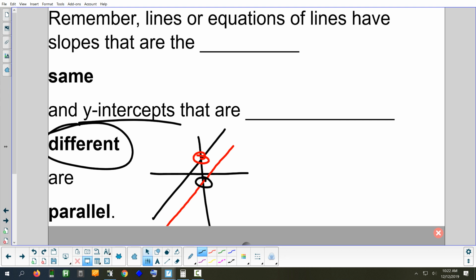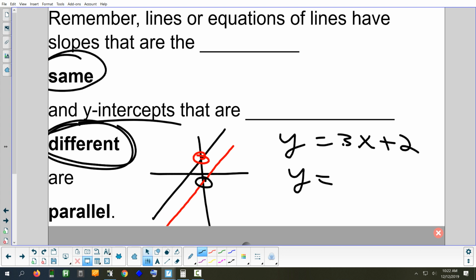Could you just change the y-intercept? Yeah, so like if I said, okay, here's a line. Somebody give me a line that's parallel to 3x plus 2. Just make sure you do this and do that. 3x plus 6, perfect. She followed those directions exactly.